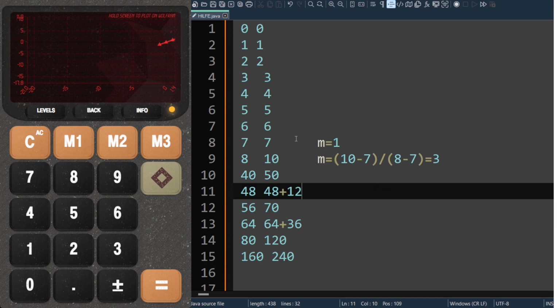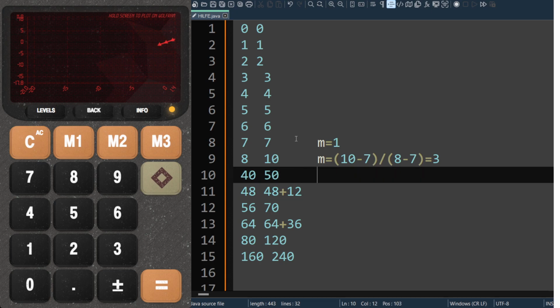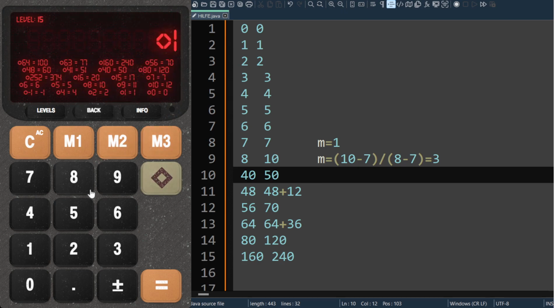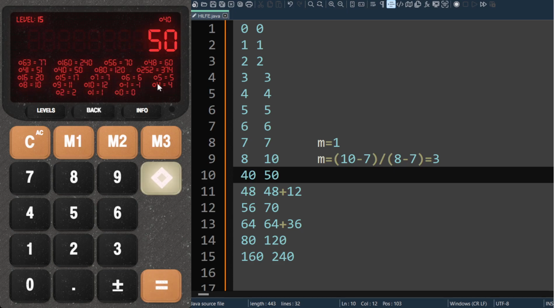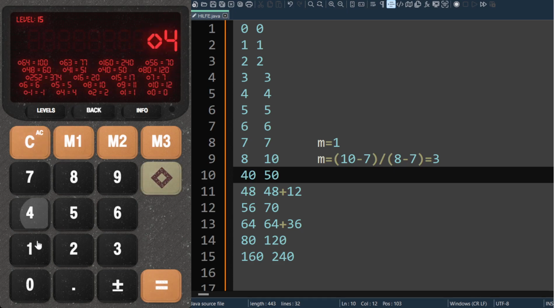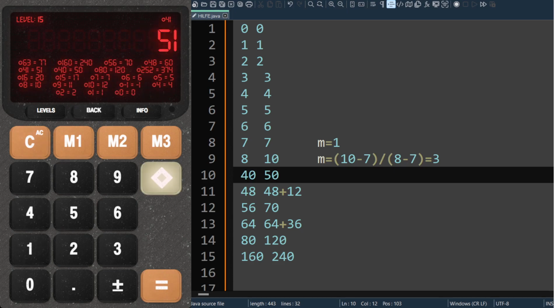What about here, at 40 and 41? Let's go back and check out 40. We get 50. 41, we get 51. We still have m equals 1.